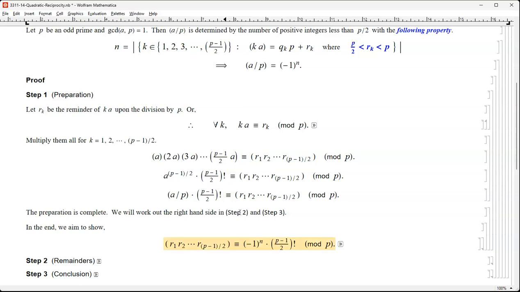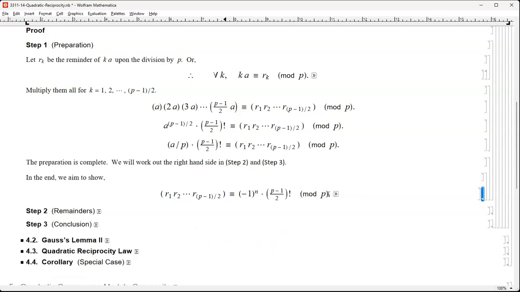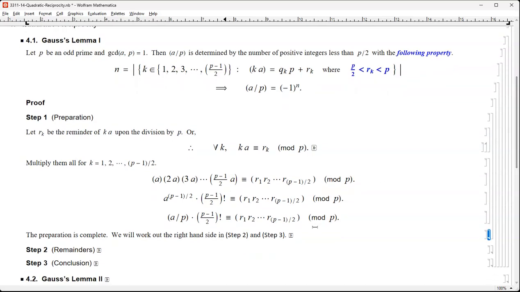If you compare this and the original left hand side here, you can see those factorials drop out. They divide each other out. And what's left is the desired equality. But of course, this is what we have to prove in step 2 and step 3. We didn't do it yet. So for now, that's what we did so far.